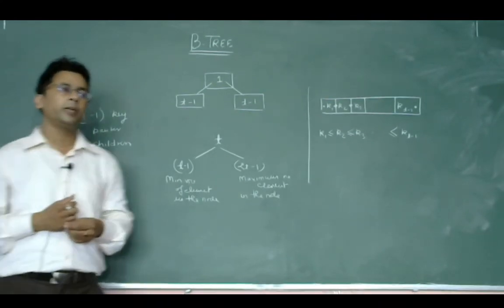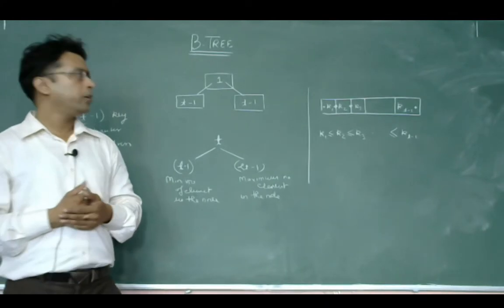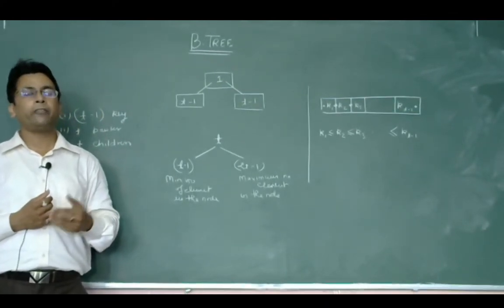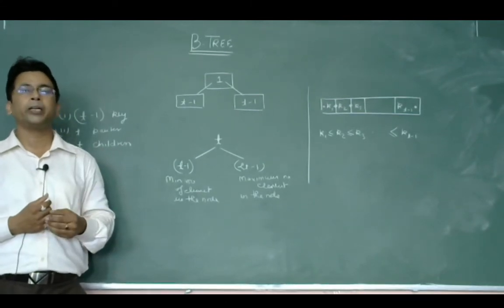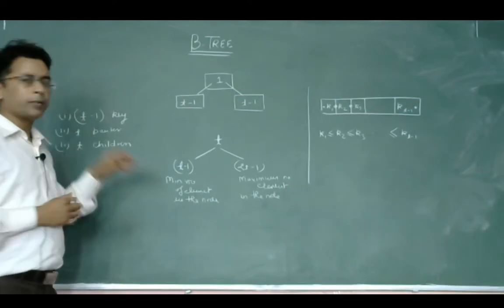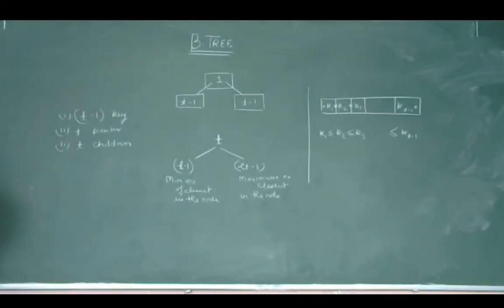There is no limit. By increasing the degree, we can store a very huge amount of data with a B tree of height 2 or 3. In this way, it provides very fast access to memory, and this is used in the operating system also. Now I am drawing the diagram for the B tree.